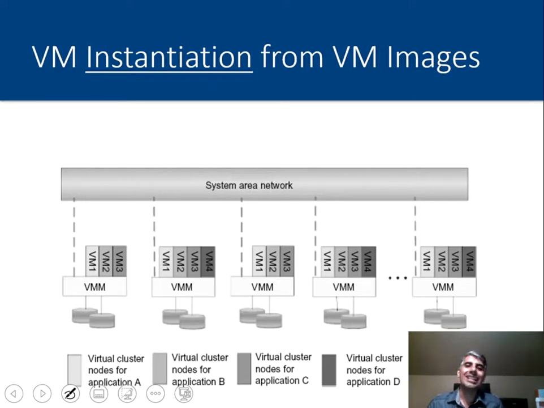The instance is in memory, it has a state, and you work with it, you install something in it. But the VM image itself is a passive concept, it's stored on the disk. So on each machine in your cluster, you can create several VMs.